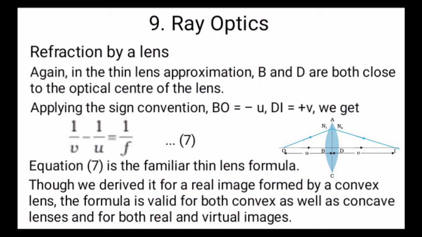That is equation number 7. Equation 7 is the familiar thin lens formula. Though we derived it for a real image formed by a convex lens, the formula is valid for both convex as well as concave lenses and for both real and virtual images.